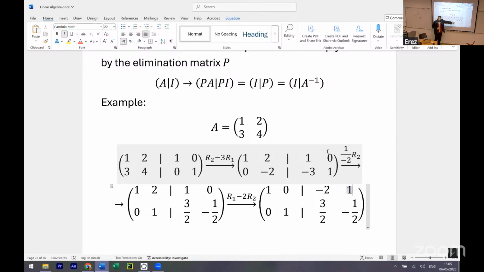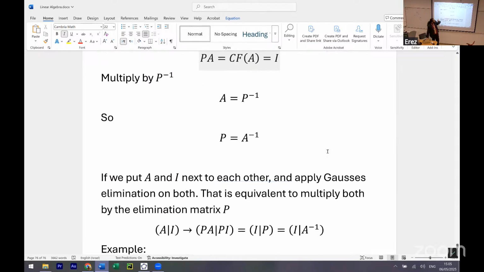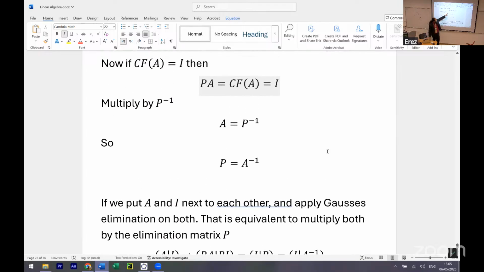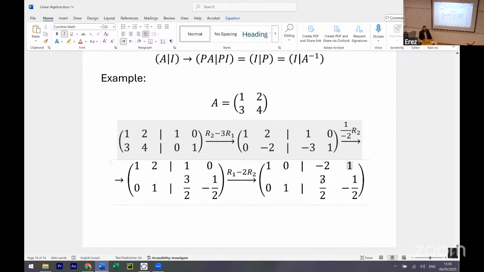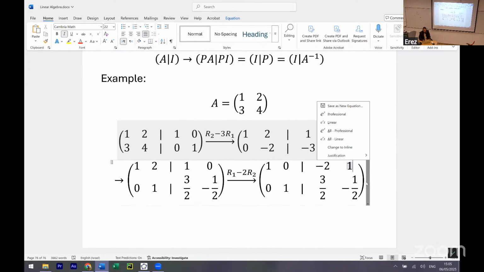That's the canonical form, the reduced echelon form here. And to the right, I get P times I, which is just P. But I've proven to you above that this specific P must be the inverse of A. So P is good. And the inverse of A is this matrix.